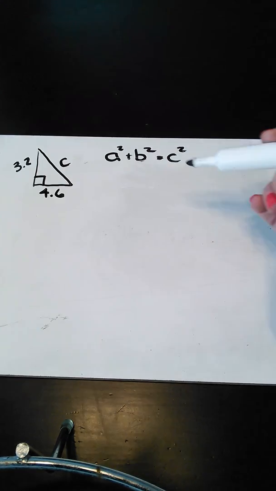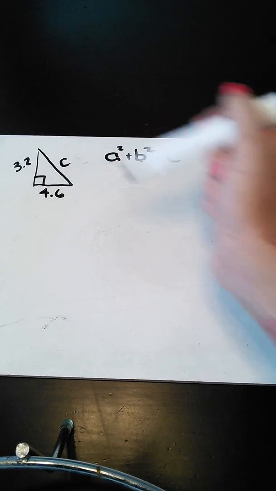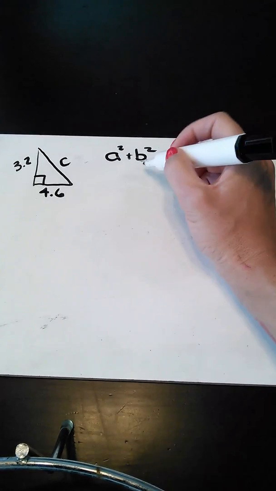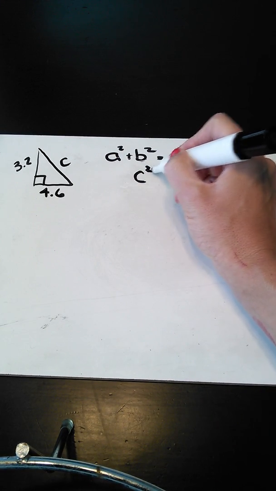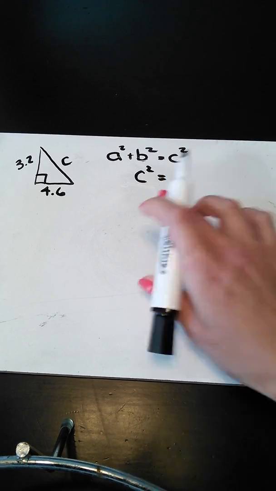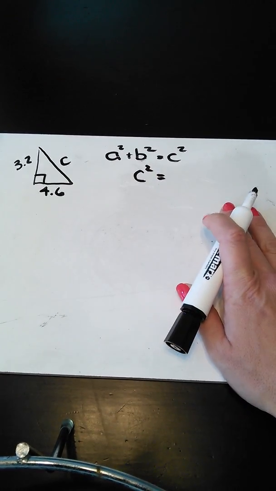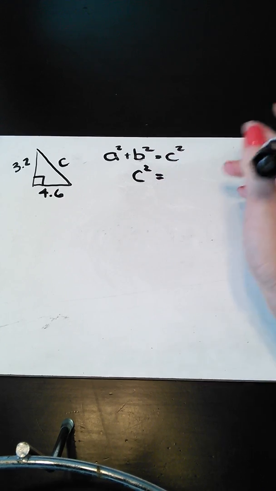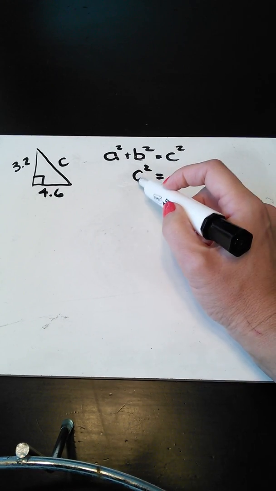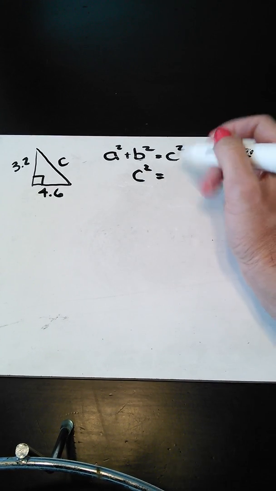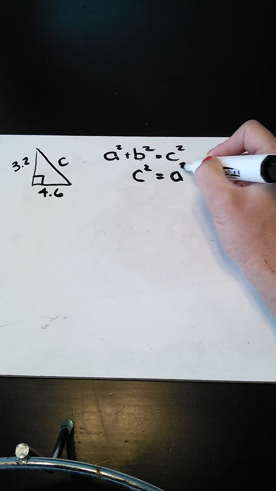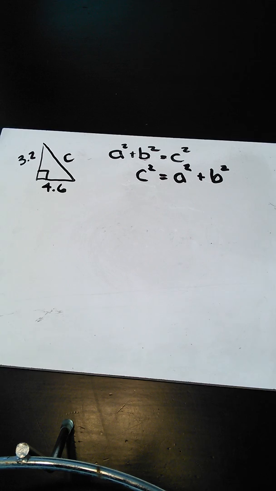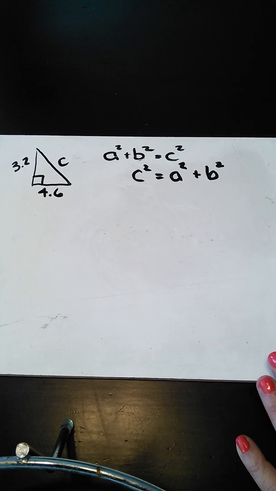Because my unknown is C, C squared is what I'm going to be looking for. So I rearrange my formula first to find my unknown. I find it easier putting it on the left side, and a lot of you do. So C squared is equal to A squared plus B squared.